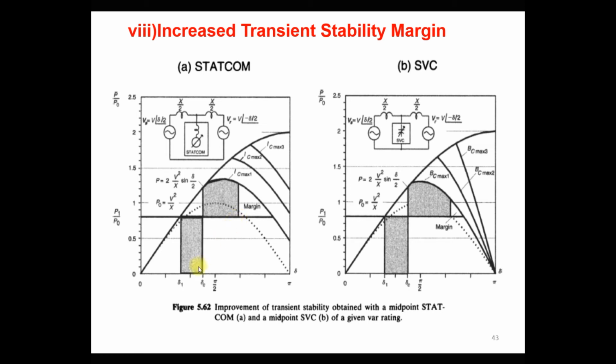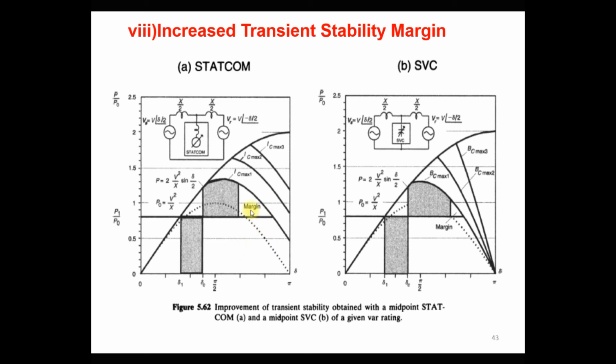After delta C, you can see that power suddenly increases because delta has increased. The machine decelerates, but the angle increases because the machine has its own kinetic energy stored during the fault condition. After the fault, once all this kinetic energy is released, the system regains its normal condition and reaches the steady state power level P1.